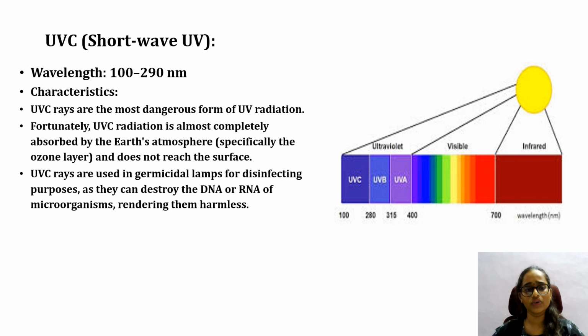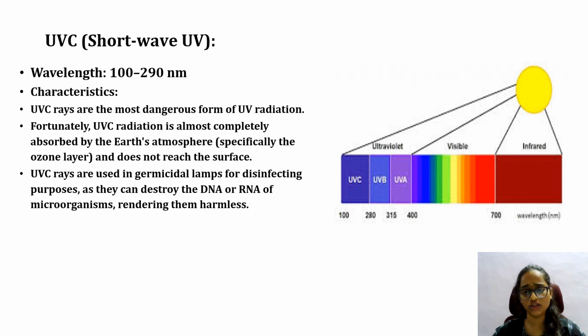And coming to UVC, these are known as shortwave UV. The wavelengths are 100 to 290 nanometers. Characteristics of these are: UVC rays are the most dangerous form of UV radiation, but fortunately UVC radiation is almost completely absorbed by the Earth's atmosphere, especially the ozone layer, and does not reach the surface.